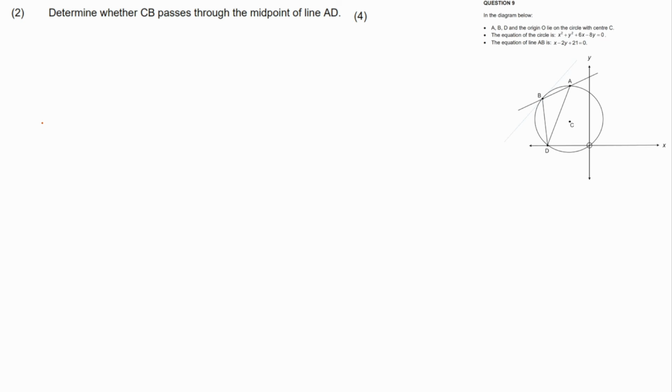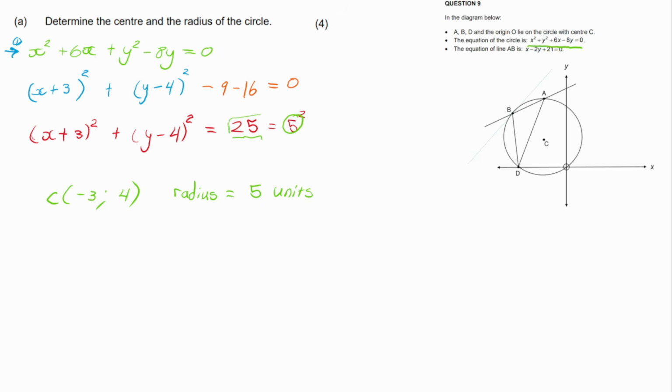Now, an interesting one, we have to determine whether CB passes through the midpoint of AD. So we know that the midpoint of AD is over here, and we know that it is the point minus 9 over 2, 9 over 2, the midpoint. And we know the coordinate of B. So the coordinate of B is, let's go back and check.